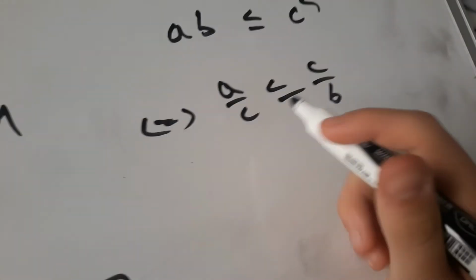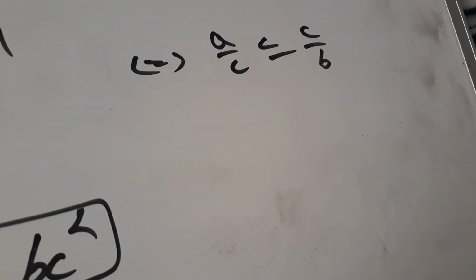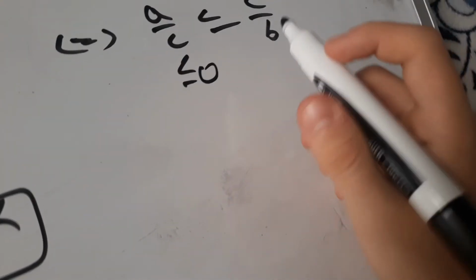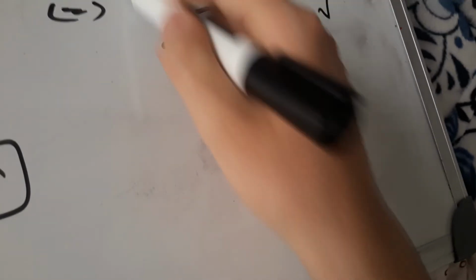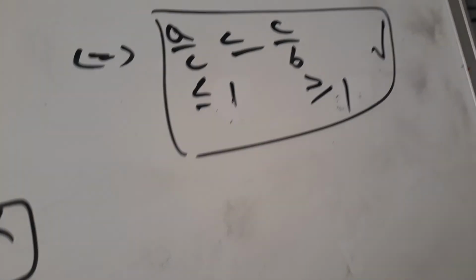Now let's analyze these fractions. A over c always will be less than 1, and here will be positive, so this is true. Sorry, 1.